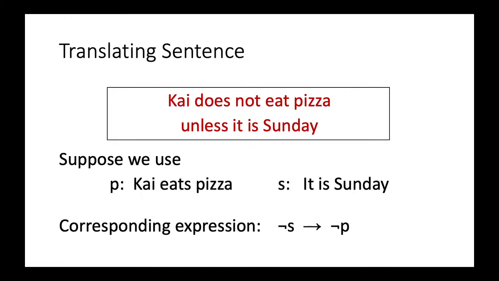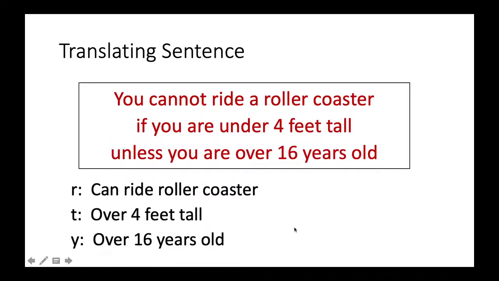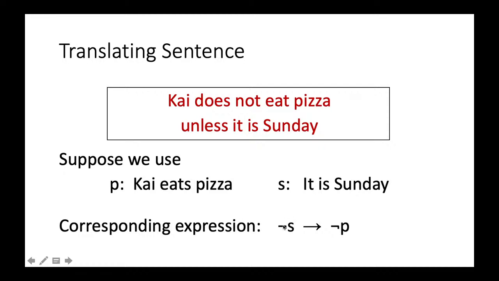Okay, so one possible way to do the translation is this: if it is not Sunday, then it would imply that Kai will not eat pizza. So not Sunday will always mean not eat pizza.